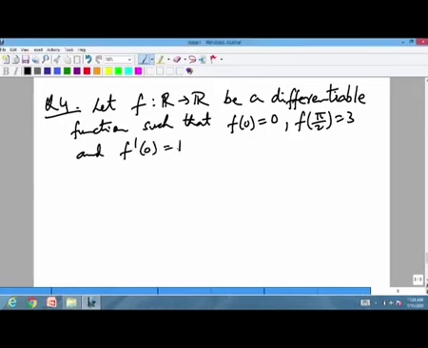So, we are given a differentiable function whose values at 0 and pi by 2 are given, and f prime 0 is given.